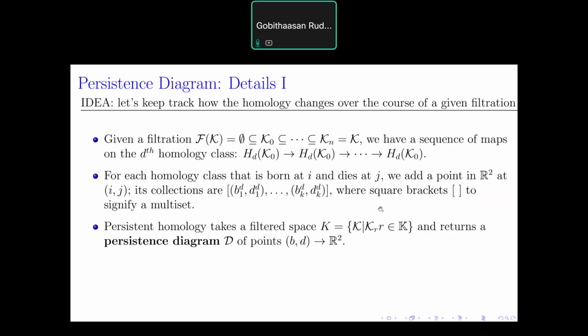Persistent homology takes a filtered space K, for some R, and returns a diagram. We denote it as D, of points of birth and death, which can be visualized in R2. So that is the persistence diagram.